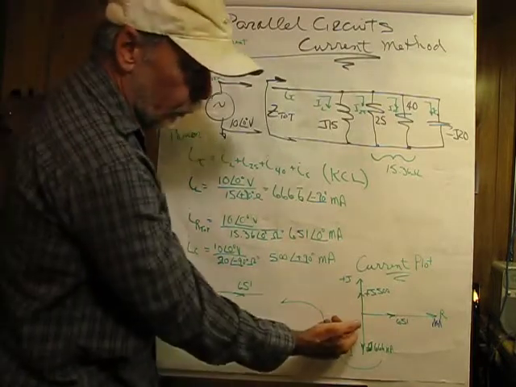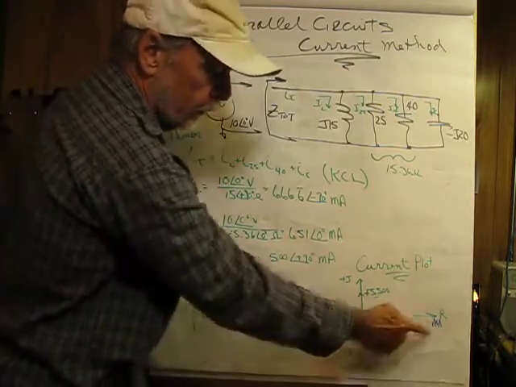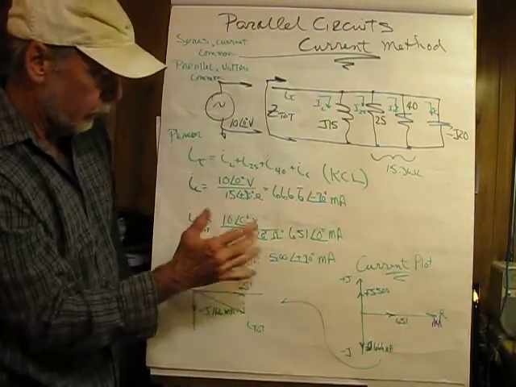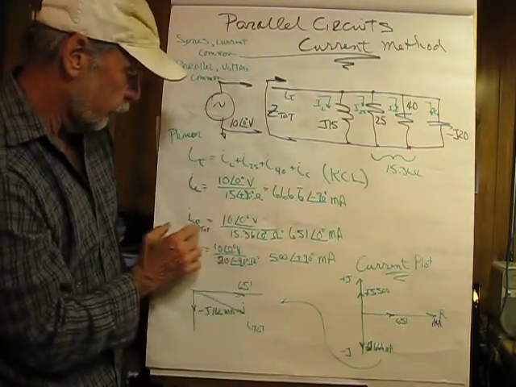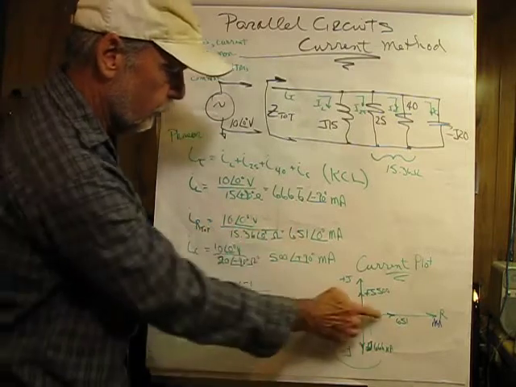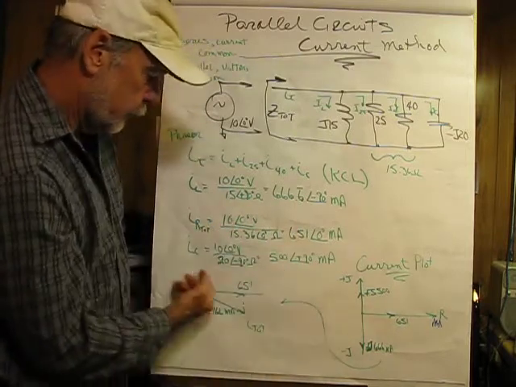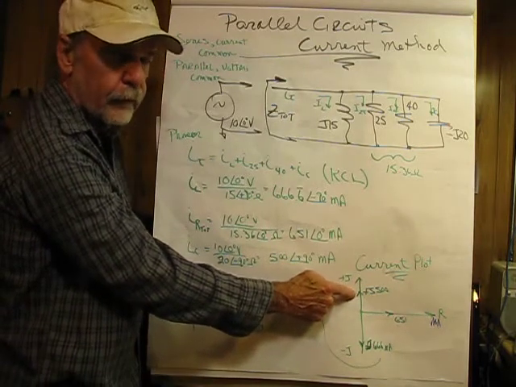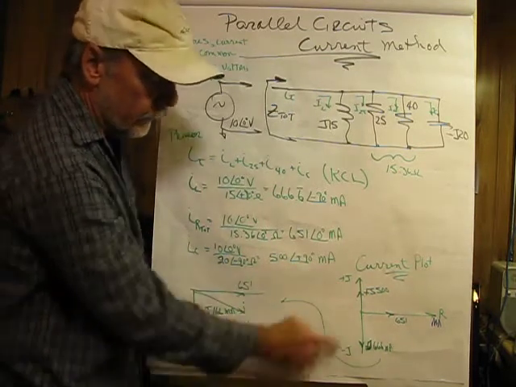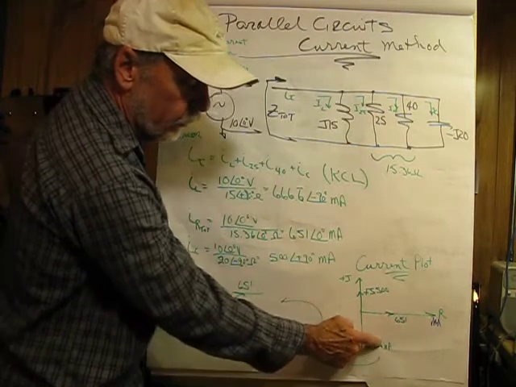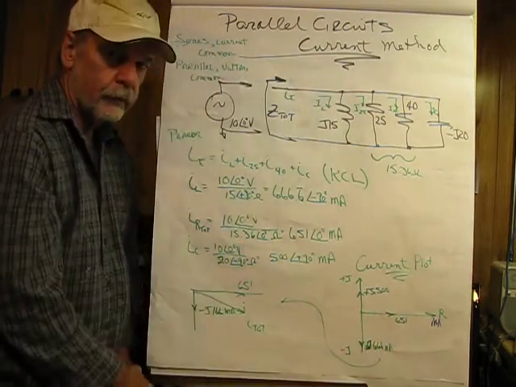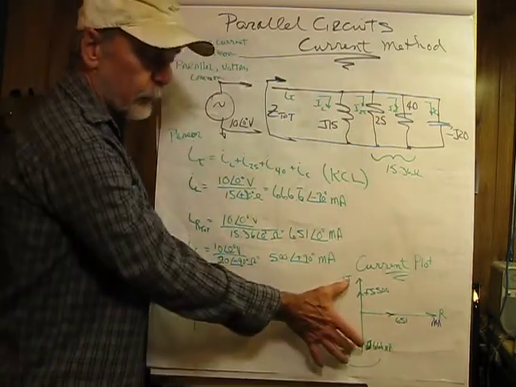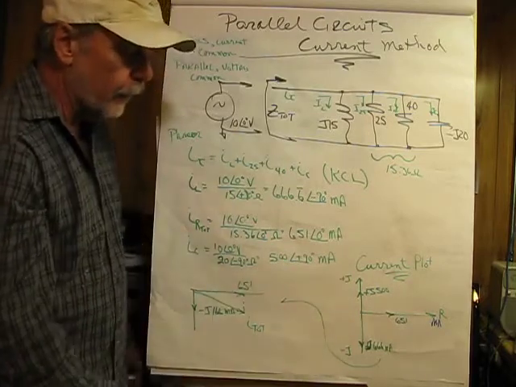Now if we want to come up with a current plot, what we would do on the real axis would be set 651 milliamperes. That would be our current flow here for the resistance, 651. And then for the capacitor, we would have plus j500 milliamperes. And then for the inductor, we would have negative j666 milliamperes. So the j's are like terms, so I can add them together.